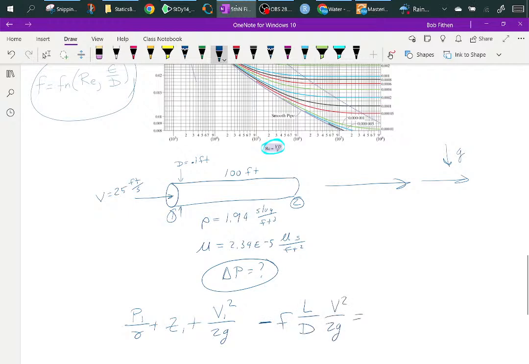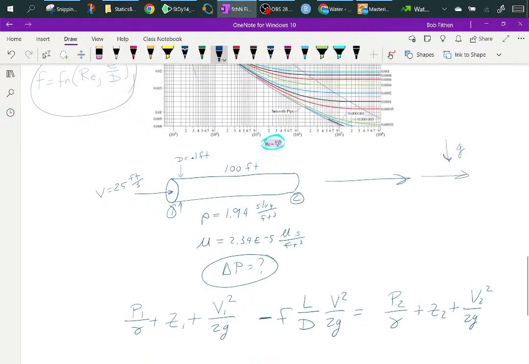And then P2 over gamma plus Z2 plus V2 squared over 2G. Now, if the pipe didn't change diameters and you didn't include losses, ironically, the two pressures would be the same, which is not even possible.